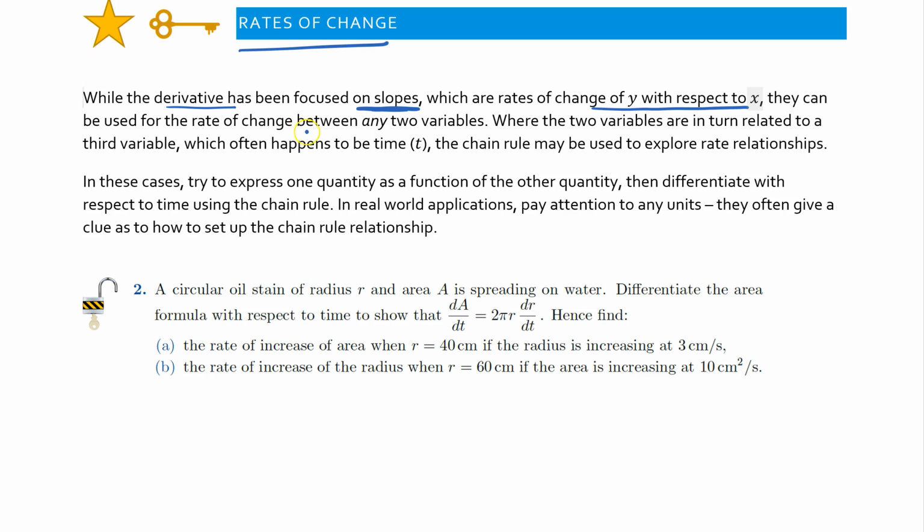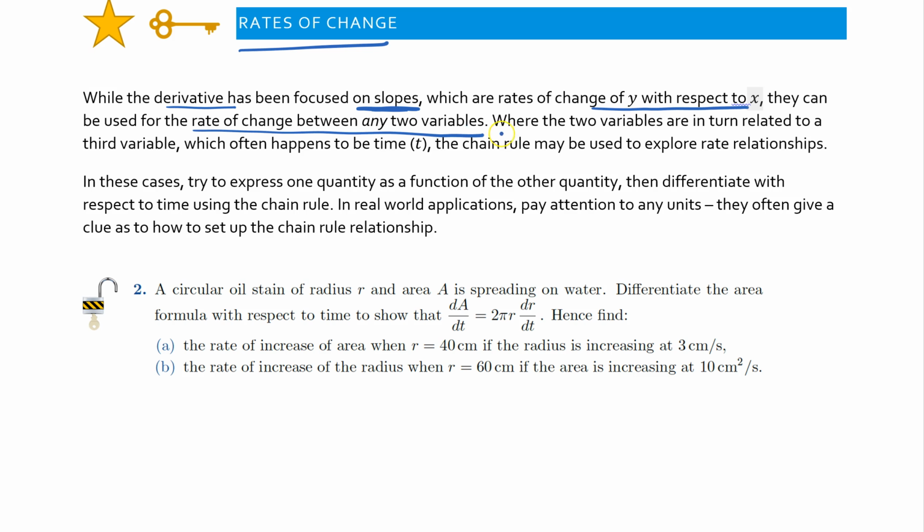But the thing is that we can apply the techniques of differentiation to a rate of change between any two variables. So if we thought about, for example, the rate at which you covered distance, then we know that that is velocity. As we'll see later on, velocity is actually the differential of distance with respect to time.